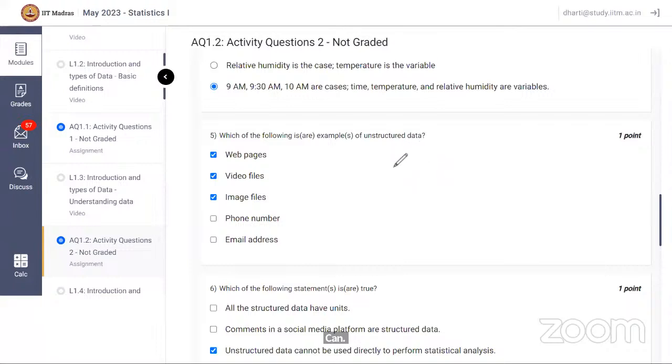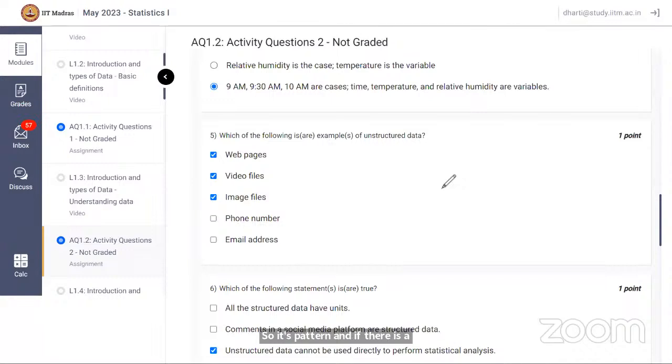Hello, ma'am. I have a doubt. You were saying that image files and video files are unstructured. But if you just boil it down, videos and images are the three basic colors. They will never change, and they are used everywhere: red, green, and blue. So it's a pattern, and if there is a pattern, then it's structured data.